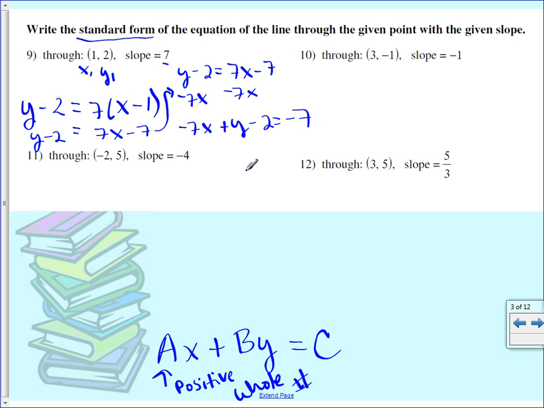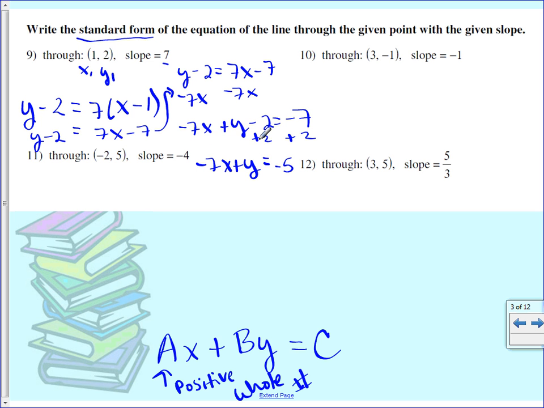Now what do I have to do? Add 2. I can't have a constant over there. So now I have negative 7x plus y equals, what's negative 7 plus 2? Negative 5.